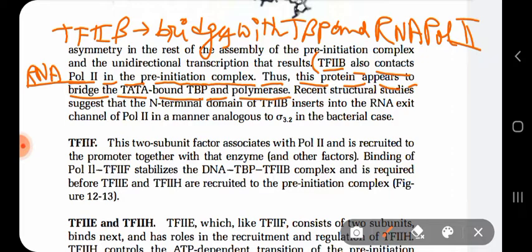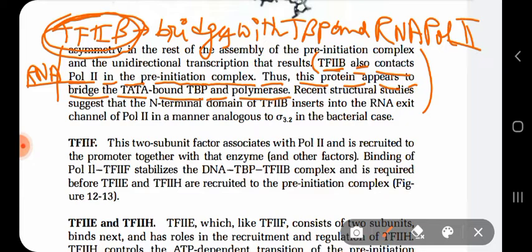I think you have understood what I have discussed. So again I am repeating, TF2B does the main interaction. It interacts with the TBP and the TATA box. It also interacts with the DNA on the upstream side, that is the BRE element.